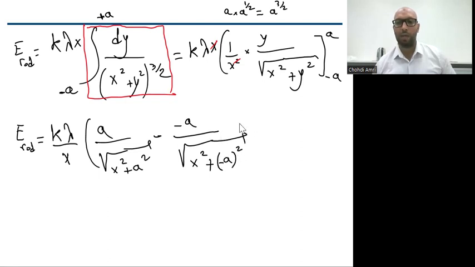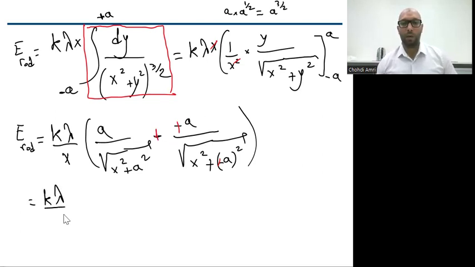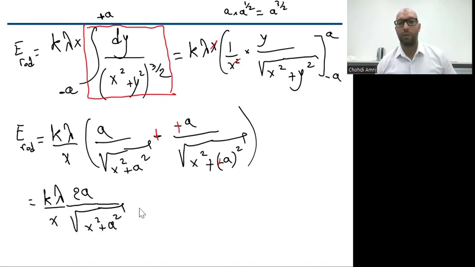This negative sign goes with the other negative sign because we are talking about something squared, and then we get k lambda over x multiplied by 2a over square root of x squared plus a squared.